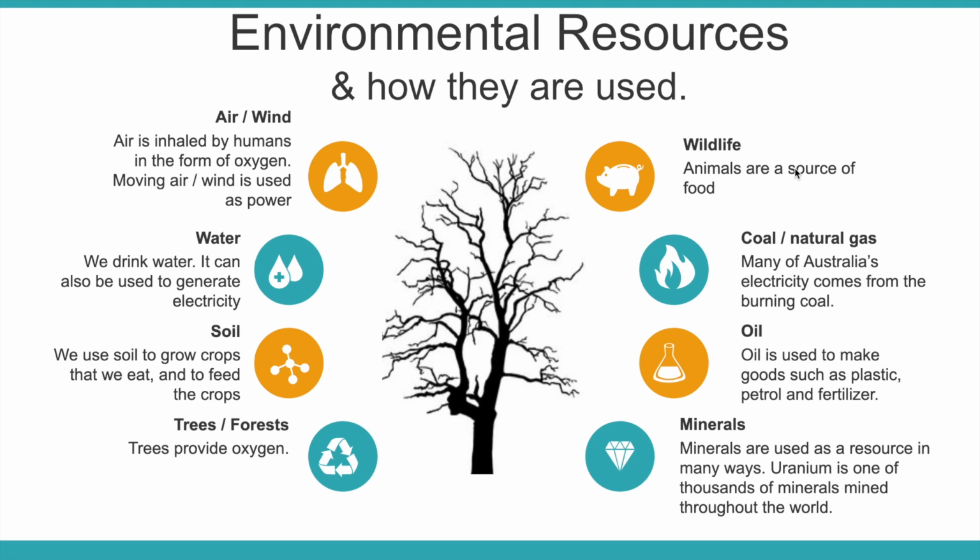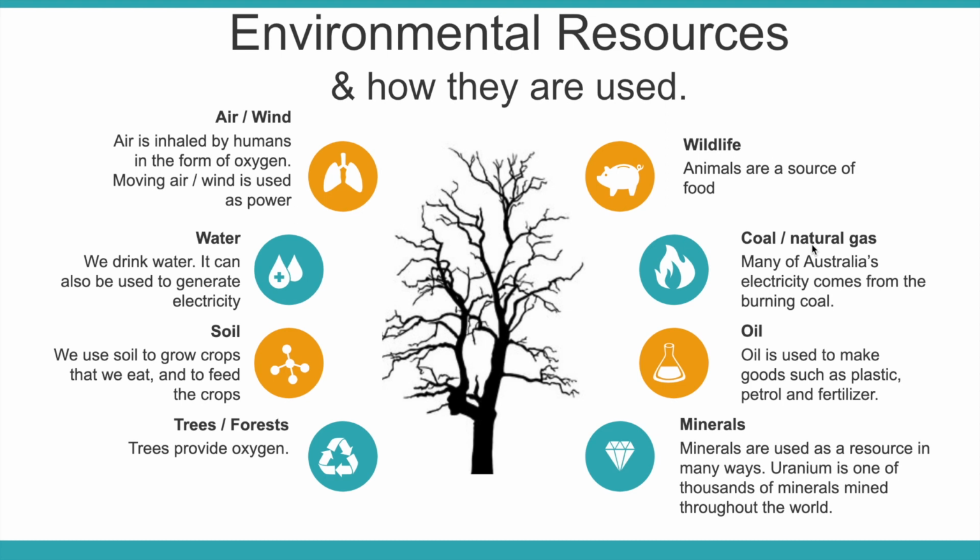Wildlife are used in one aspect as a source of food. Some animals, for example, like horses, are used as a method of transport in some parts of the world. Water. We drink water. It also can be used to generate electricity, similarly to air and wind.